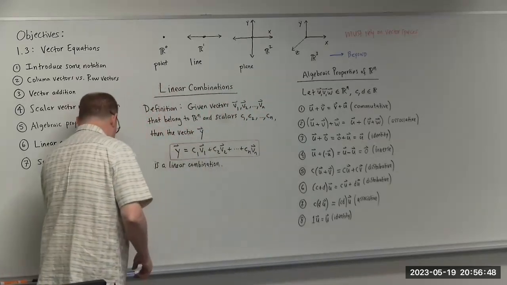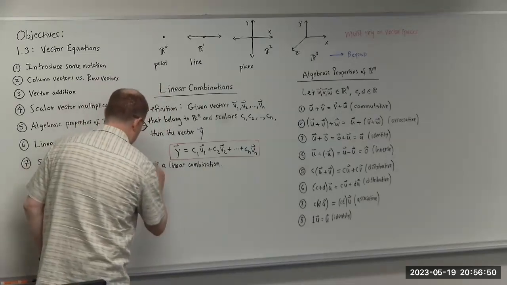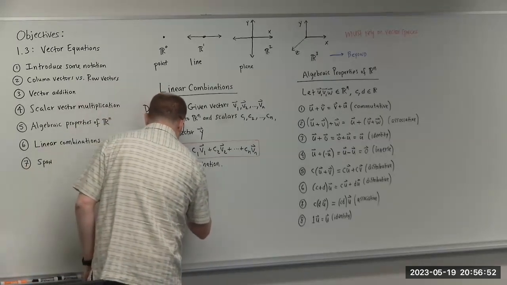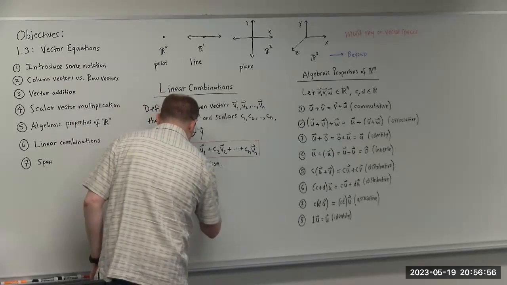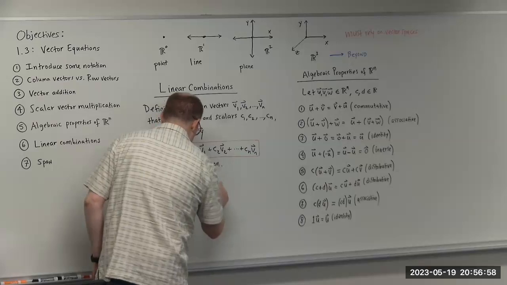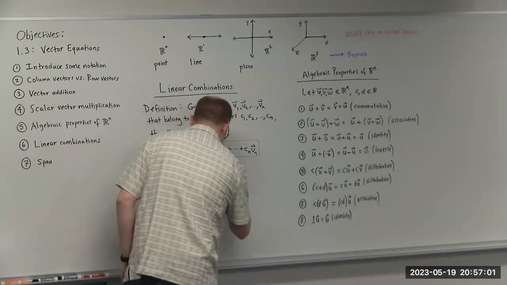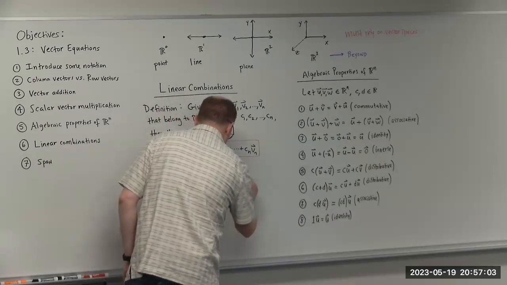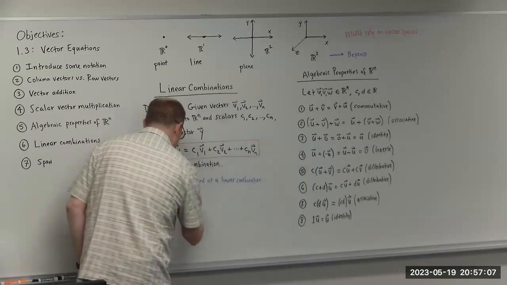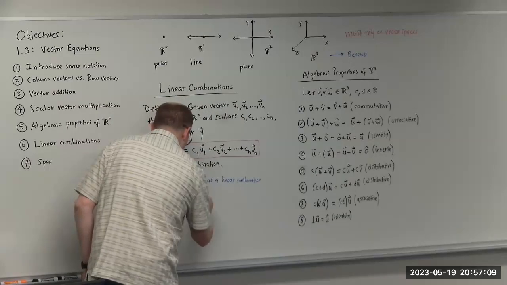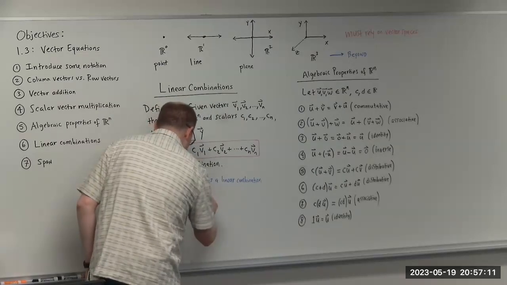Again, we can phrase it this way: the vector y is expressed as a linear combination of V1, V2, and so on.